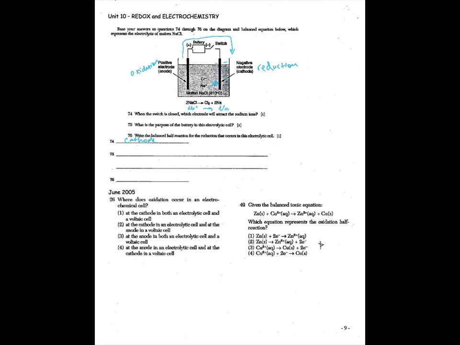Number 75, what is the purpose of the battery in this electrolytic cell? So electrolytic cells are non-spontaneous to begin with. So you're going to need electrical energy to jumpstart a chemical reaction.